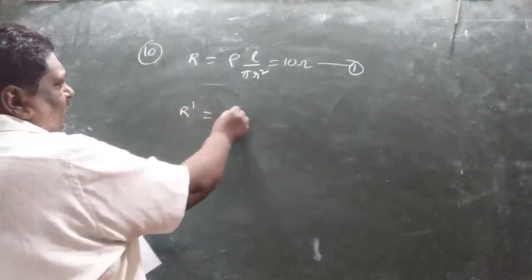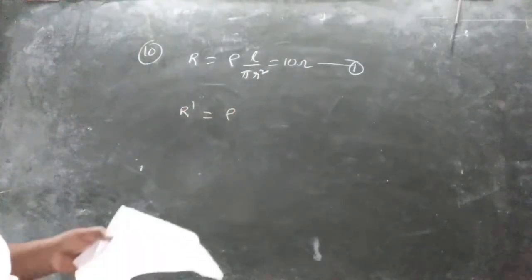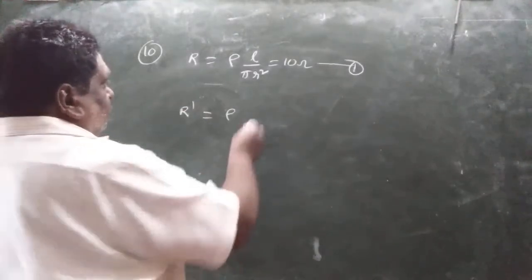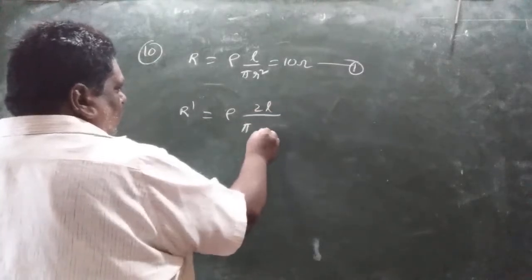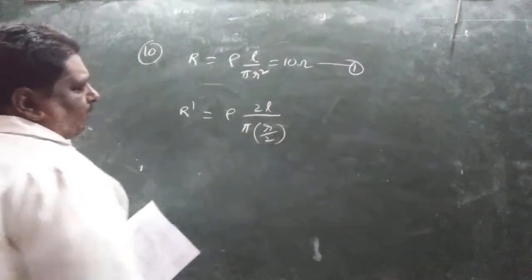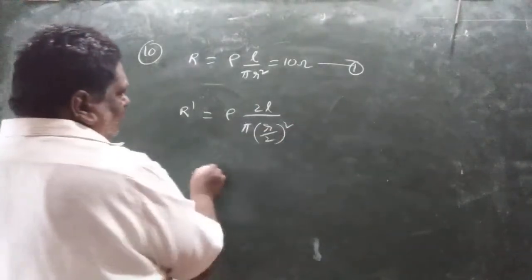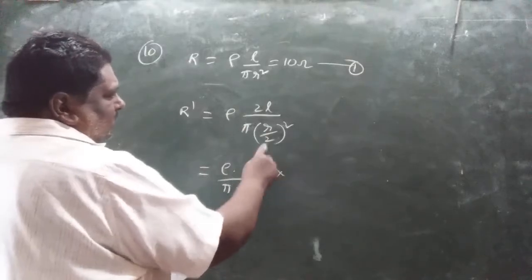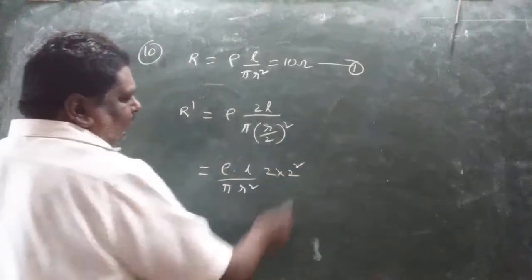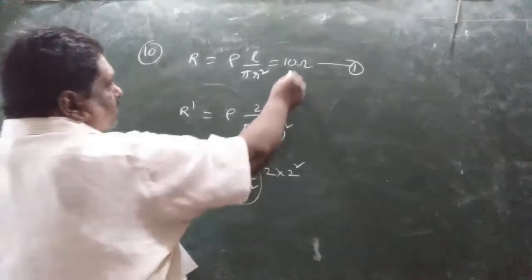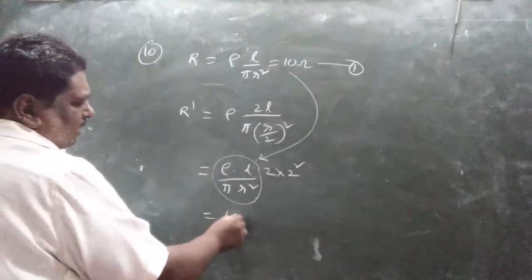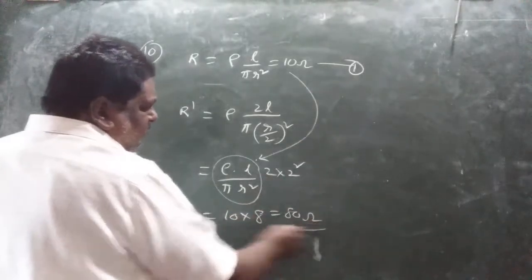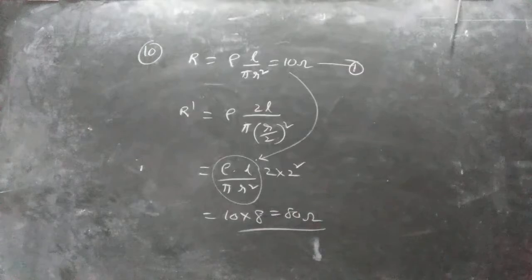Now another wire is taken of the same material, so the rho value is the same, but the length is doubled, 2L, and the radius is half, r by 2 whole square. This is equal to rho into L by pi r square with 2 on top, and by 2 square comes to the top, so 4. This equals 10 ohm, so 10 into 4 into 2, 8, that is 80 ohms. So the new resistance is 80 ohms.